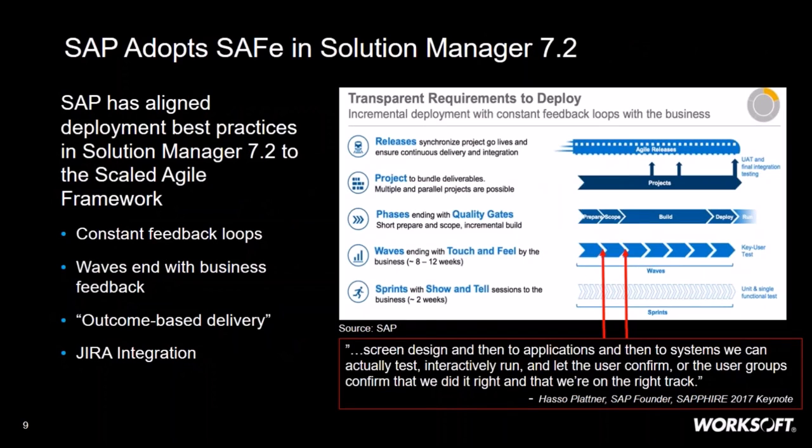If we look at that from an SAP perspective, SAP has adopted many of the concepts from SAFe, and you'll see those showing up in Solution Manager 7.2. What Solution Manager has done is take some of those key points, such as the feedback loops.